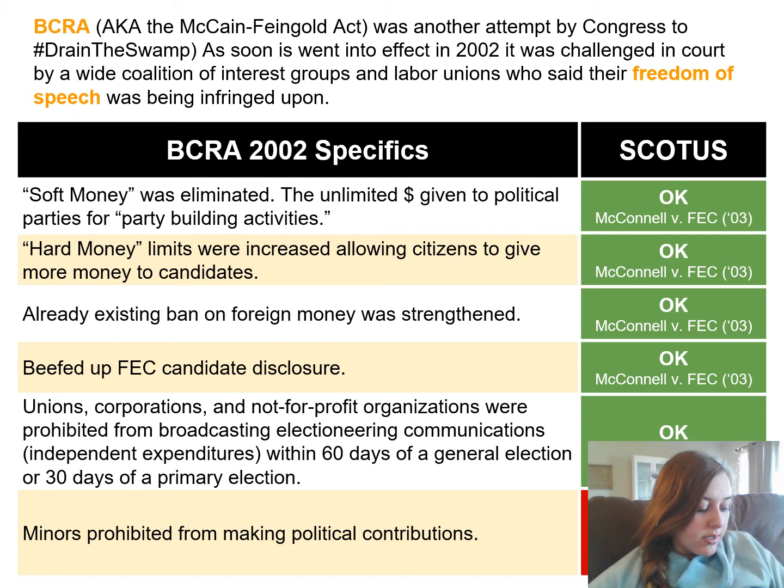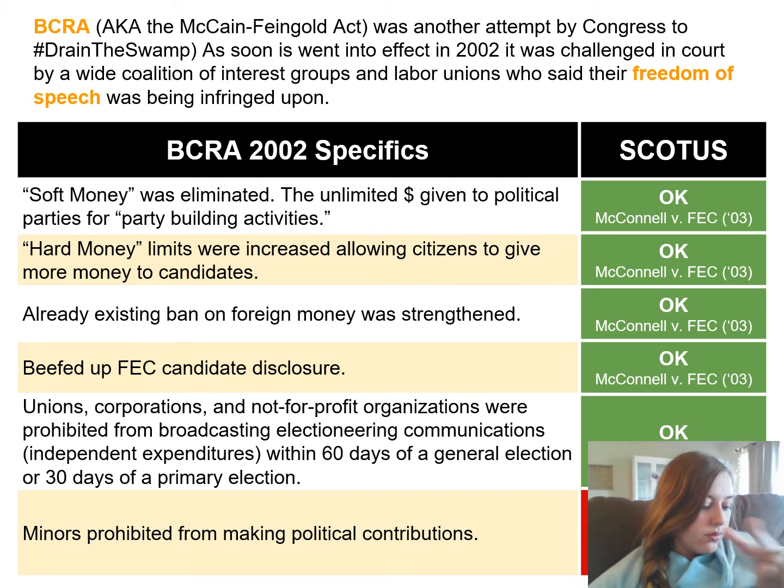Unions, corporations, and nonprofits were prohibited from broadcasting electioneering communications within 60 days of a general election or 30 days of a primary. So unions, corporations, and nonprofits cannot be spending money on campaigns independently of the campaigns within 60 days of the general election. And then minors were prohibited from making political contributions.